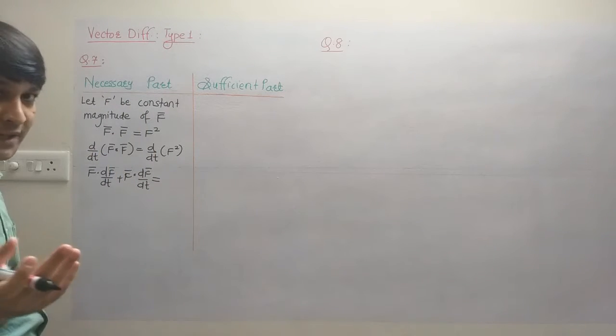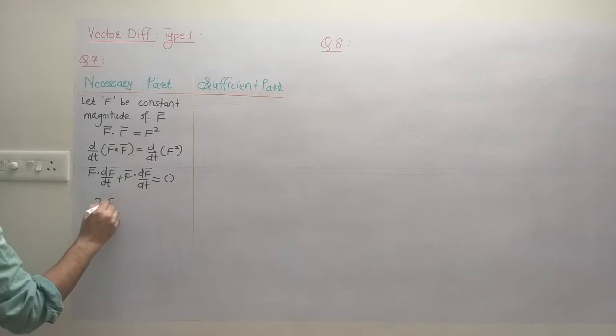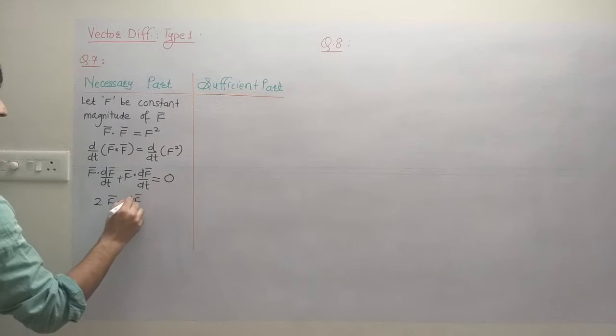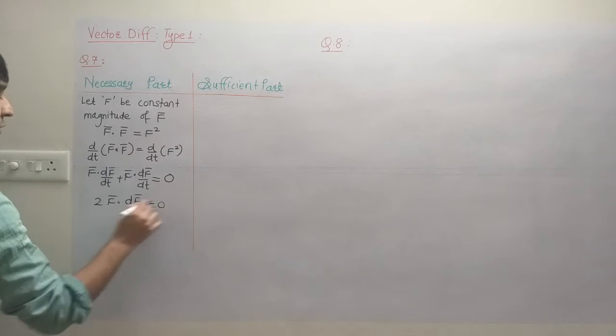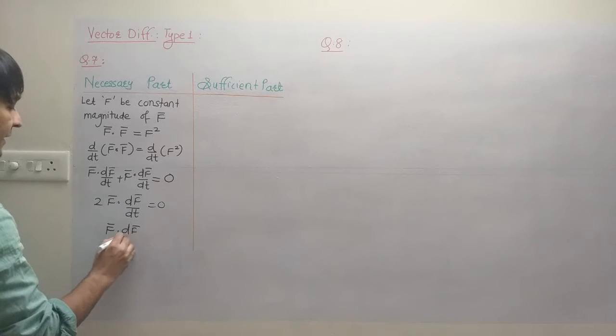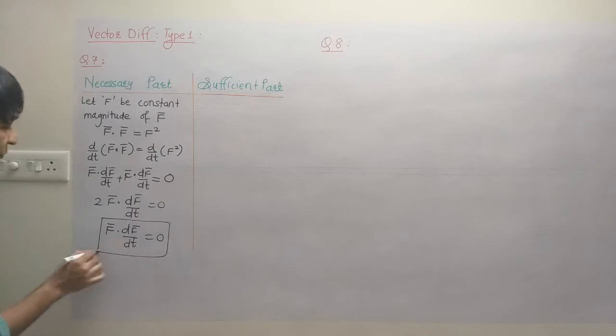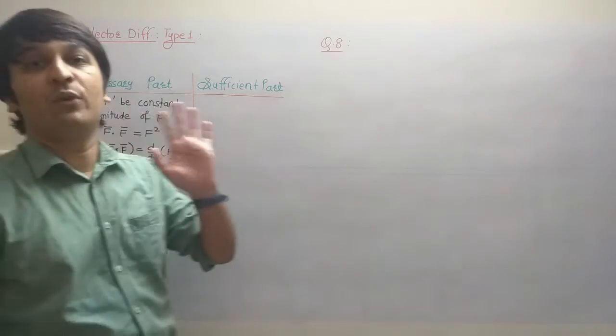Because f is constant magnitude, the derivative of f is 0. So this is twice f bar dot df bar by dt is equal to 0. Shift the 2 to the right, so f bar dot df bar by dt is equal to 0, and that's what we wanted to prove, correct? That's the very first proof we wanted.